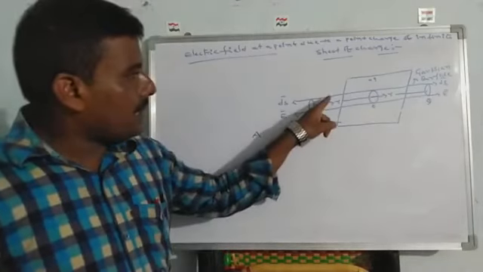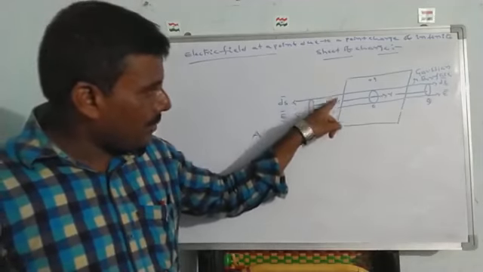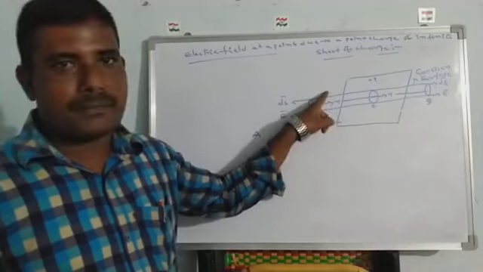The electric flux becomes zero at the curved surface.